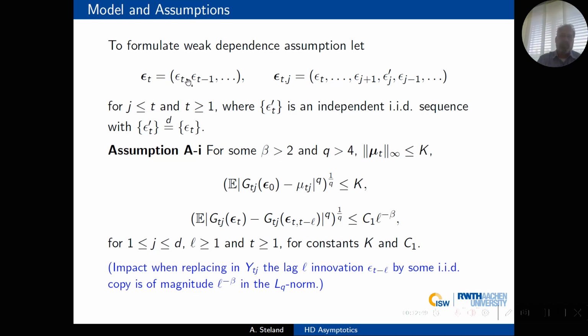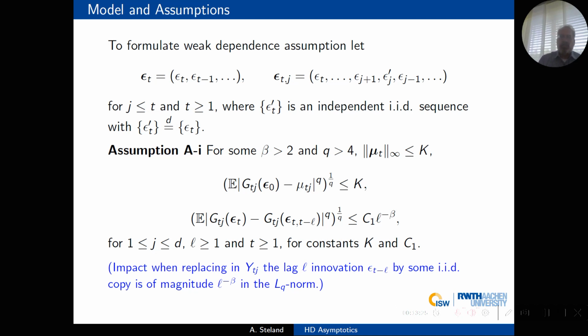This is the current innovation and past innovations put in an infinite dimensional vector. And the second index j means that at index j, we replace the innovation by an independent copy of the same distribution. So we change the innovation at a certain lag t minus j. This is the effect of this notation.